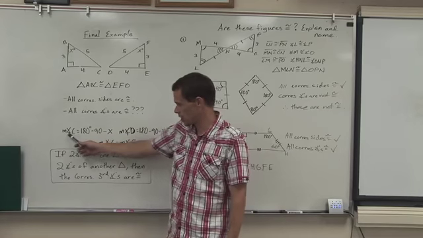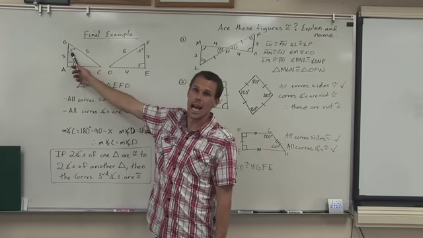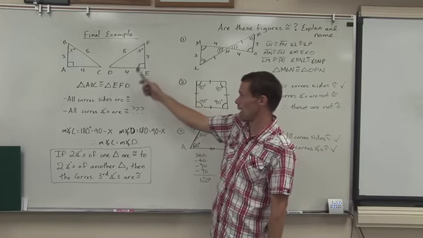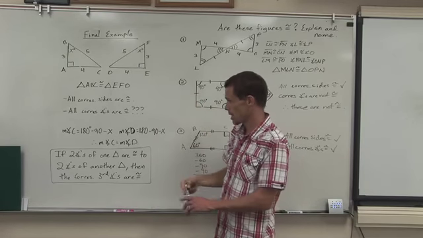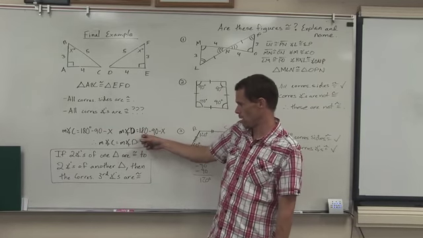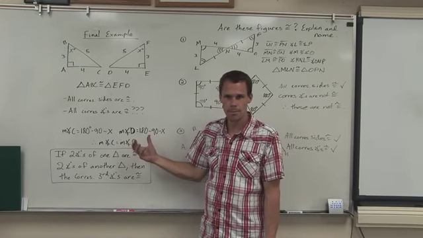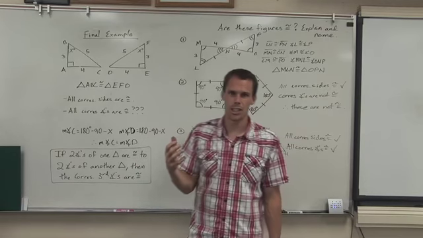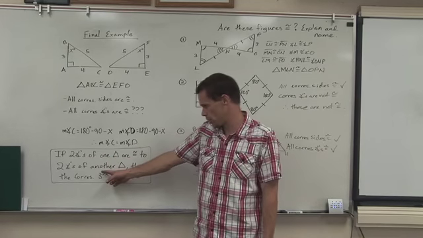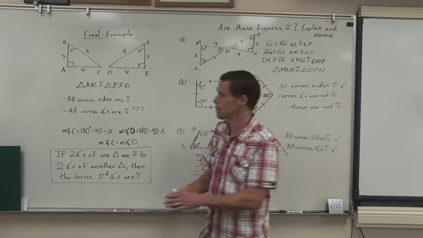I have here that angle C should equal 180 degrees minus 90 minus X. Well, if I wanted to find angle D, I would say that it's 180 for the whole triangle minus 90 minus X. So C equals 180 minus 90 minus X. D equals 180 minus 90 minus X. So I can make the conclusion that C equals D. So this actually is the proof of a theorem that says if two angles of one triangle are congruent to two angles of another triangle, then the third angle must be congruent.